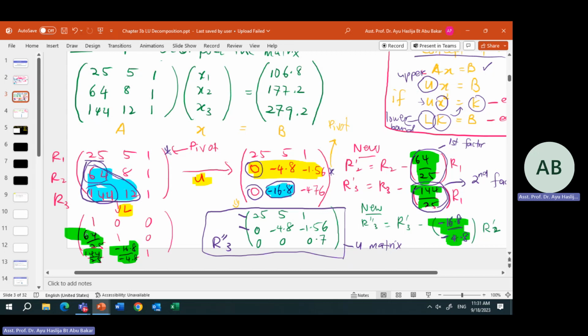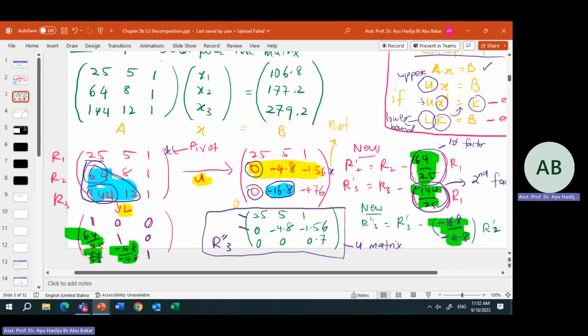In the L matrix, only the bottom triangle has values. This one is standard: the diagonal is 1 and the top triangle is 0.